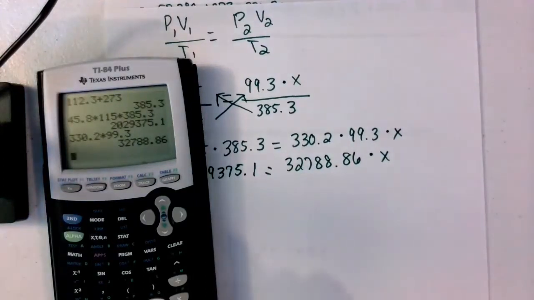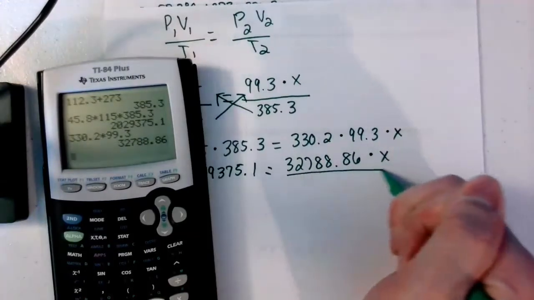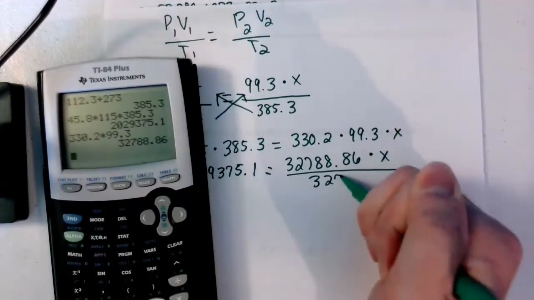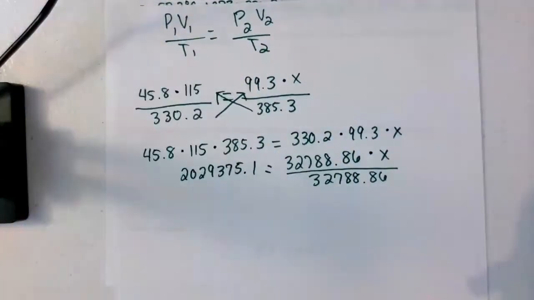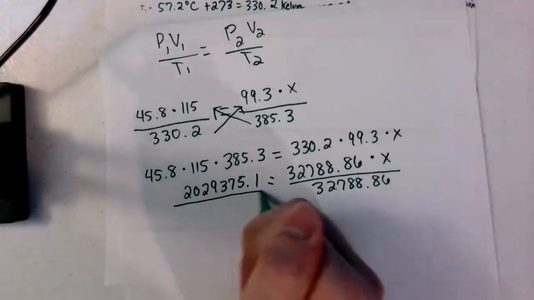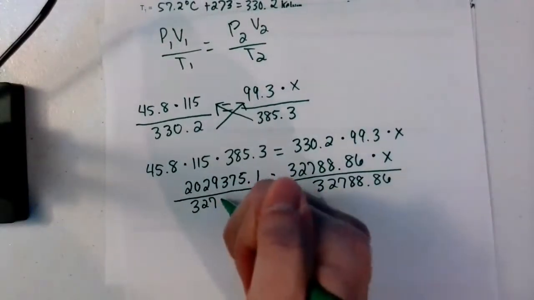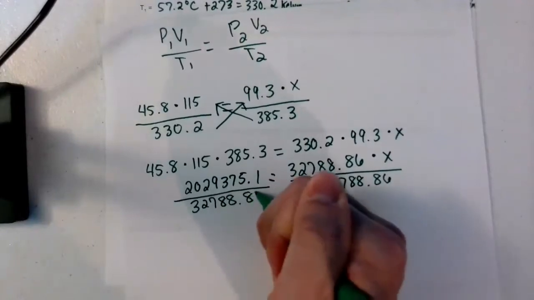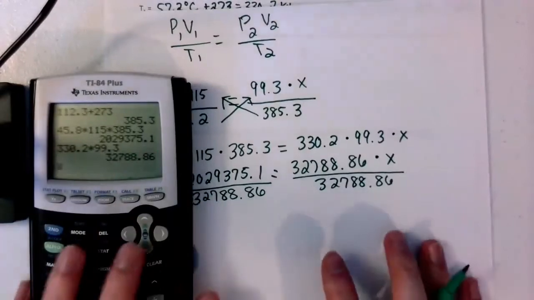So now the easiest way to get X by itself, since this is multiplication, we're just going to divide by this number, the 32788.86. And whatever we do to one side, we have to do to the other side. So on this side, we're going to do division again, 32788.86. Now in my calculator, I'm going to type in these numbers.